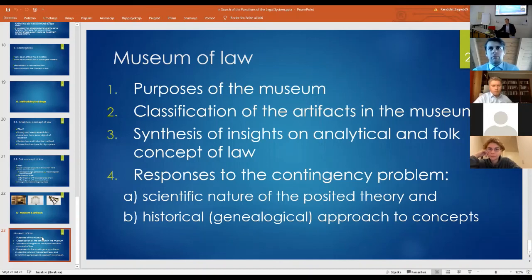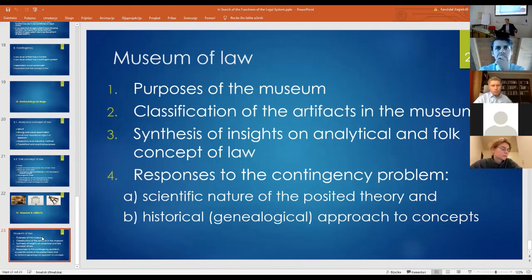Or the response can come from using a historical approach or genealogical approach to the concept, which means to explore what the concept of, for example, Kelsen is, what the concept of law was a few centuries ago, how it develops, and to claim, like Kelsen did, that the verb is a sanction. And this is an important element of his theory of law.